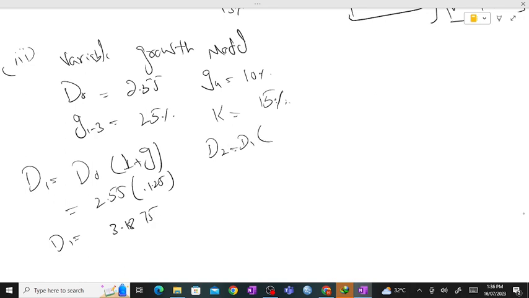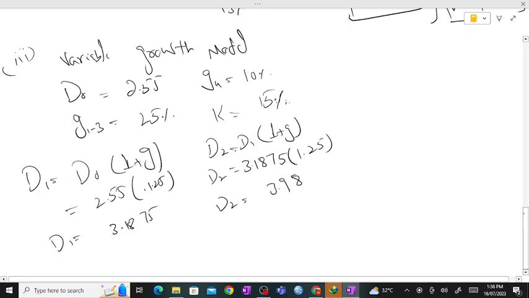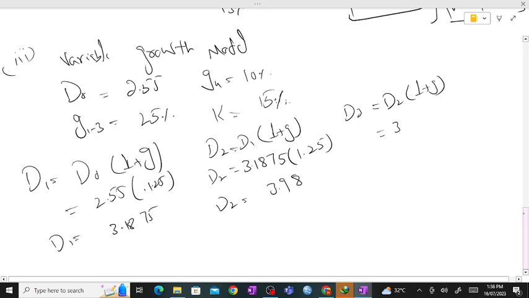D2 is D1 (1 plus g), and D1 we have 3.1875. Again the growth remains for 3 years, so D2 we will get 3.98. Come on to D3. D2 (1 plus g), D2 is 3.98 times 1.25, so D3 would be 4.980.